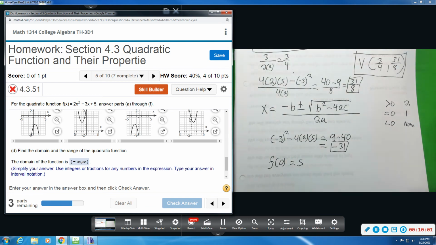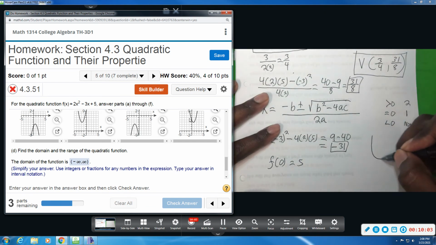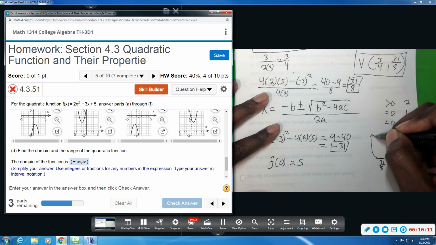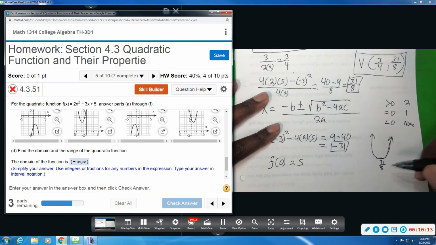If I do a little rough sketch, this y value at the bottom is 31/8, and then the graph goes up to infinity. So we actually do reach 31/8. So 31/8 is going to be my low point, and infinity is going to be my high point. So that would be our range for our graph.